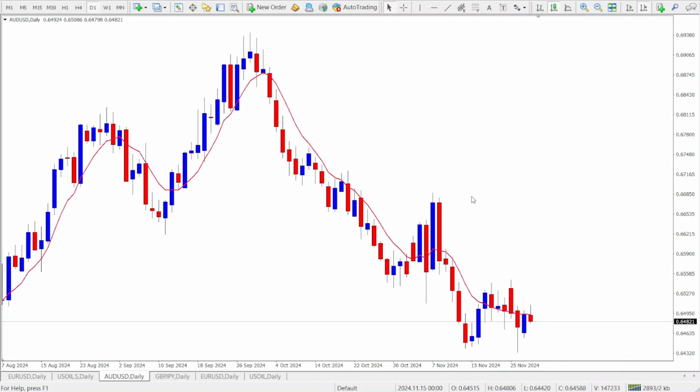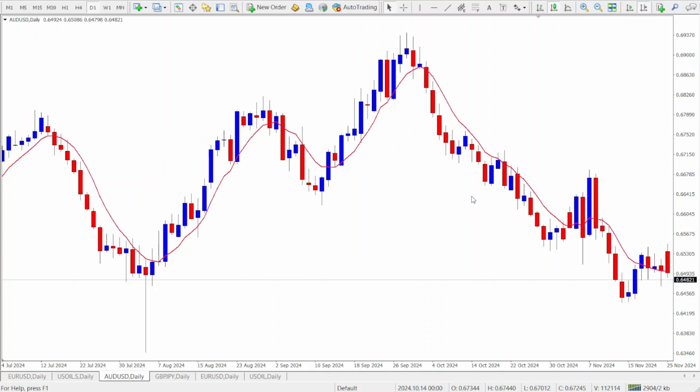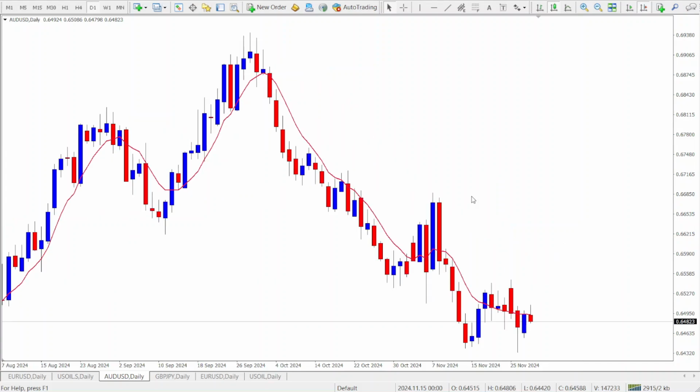Moving averages are essential indicators for traders, but understanding the different types can help you use them more effectively. Whether you prefer the simplicity of the SMA, the responsiveness of the EMA, or the balance of the WMA, each has its own strengths and applications.